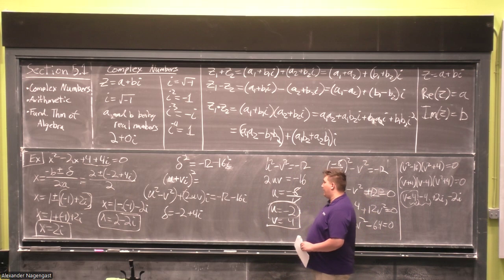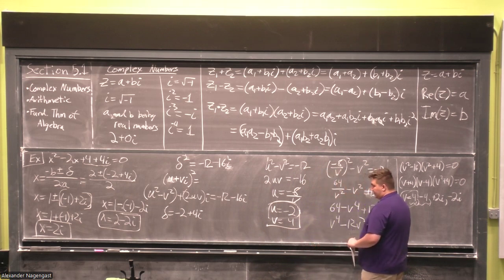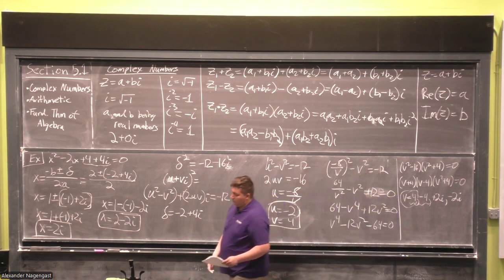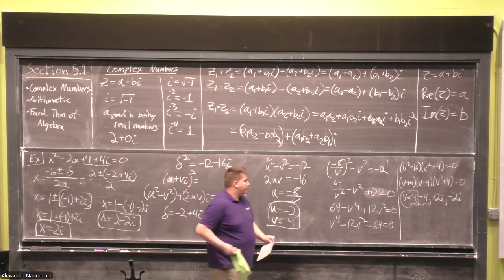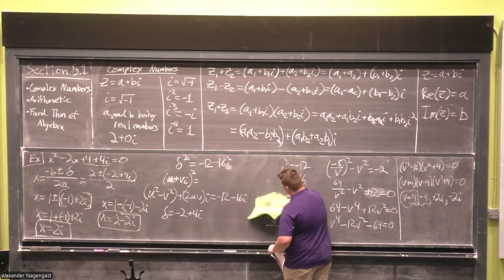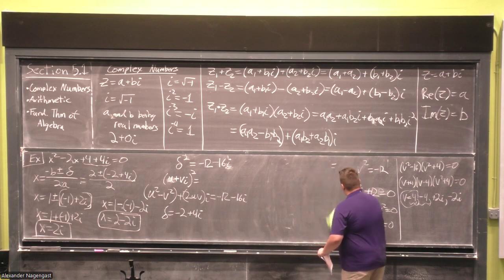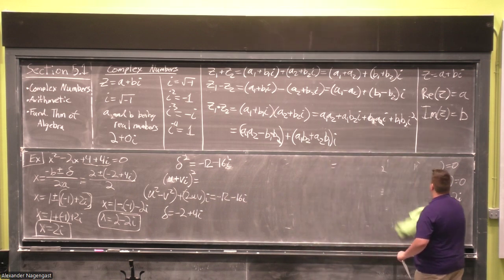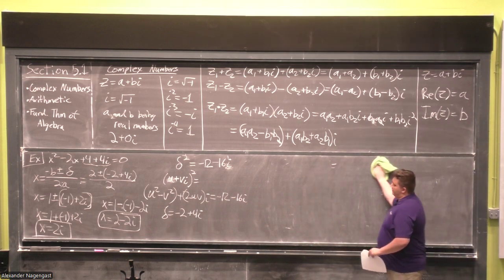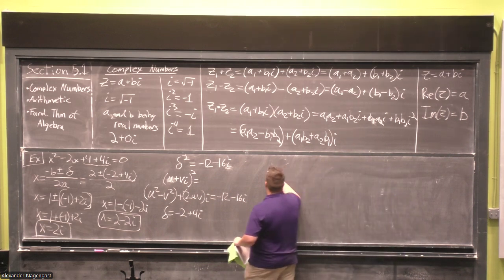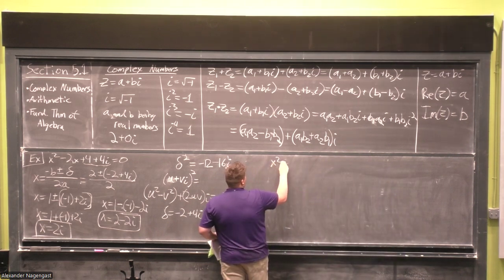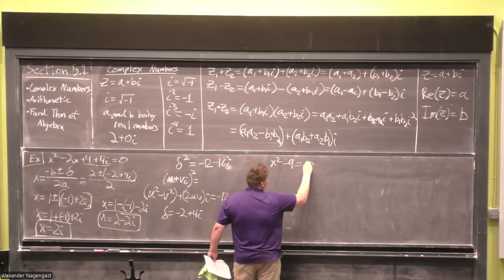So as a small example, let's say it was x squared minus 9 equaling 0.